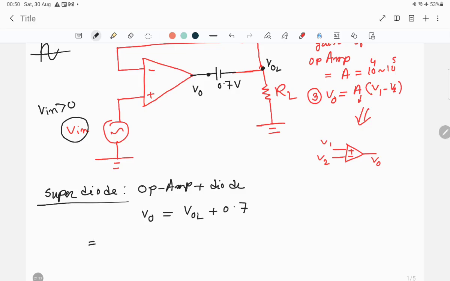And we already know the equation of V0 is A times (V1 minus V2), which is V0L plus 0.7.